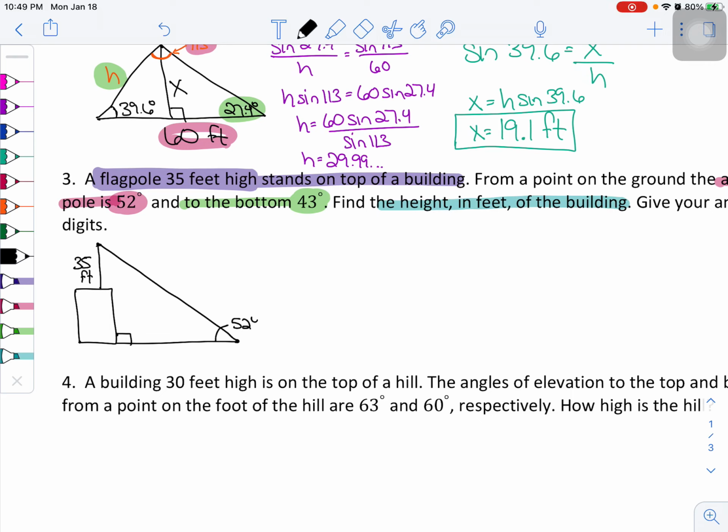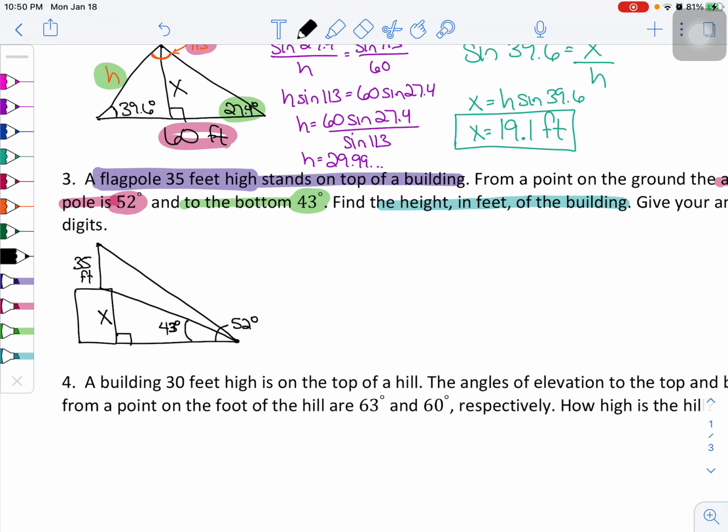So to the top of the pole is a 52 degree angle, right? That's the angle of elevation. And to the bottom of the pole is a 43 degree angle. Find the height in feet of the building.